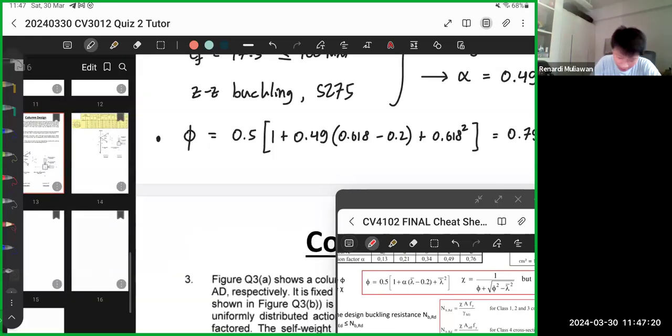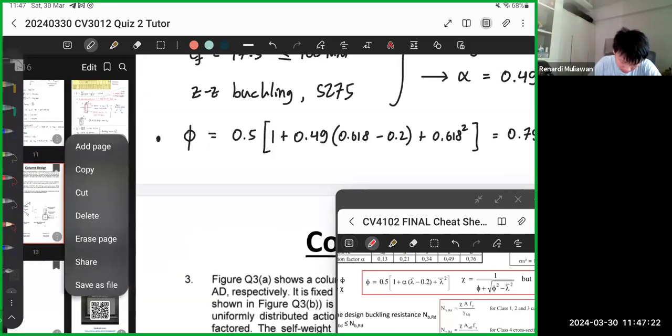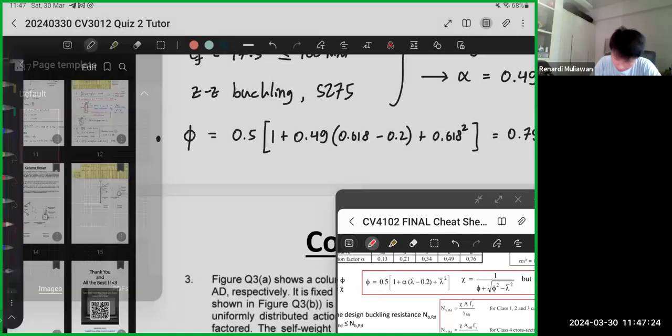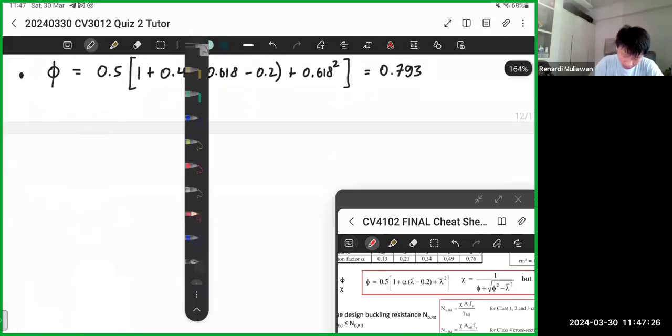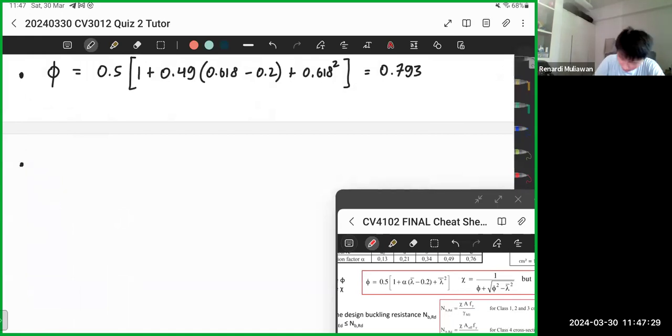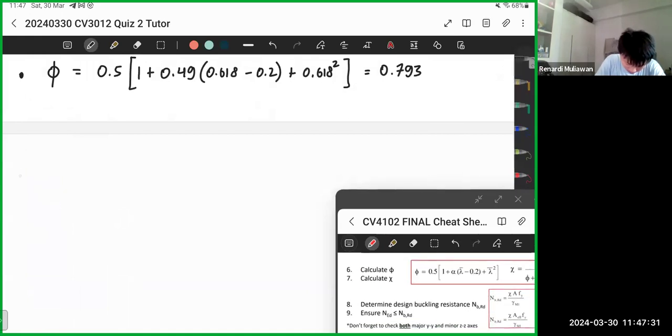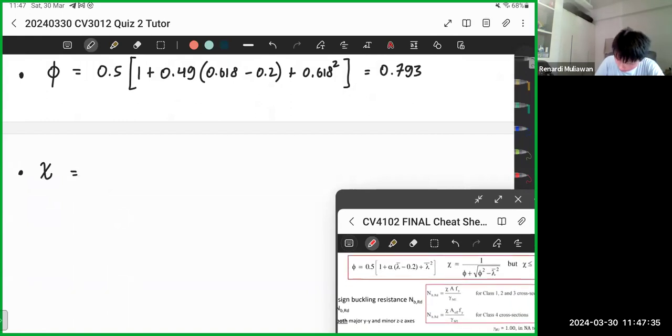Now let's add another page. So you get phi. Now you get chi. Chi is equal to 1 divided by 0.793 plus the square root of 0.793 squared minus lambda bar squared, which is 0.618 squared.